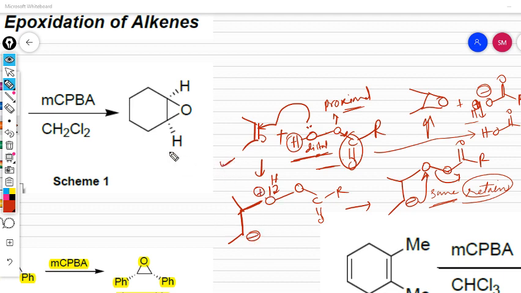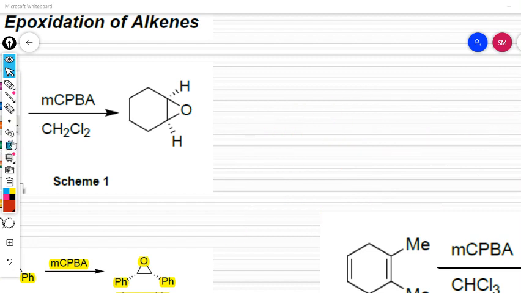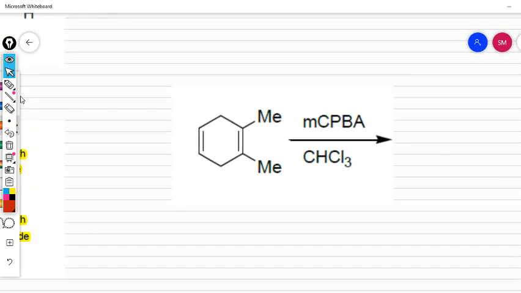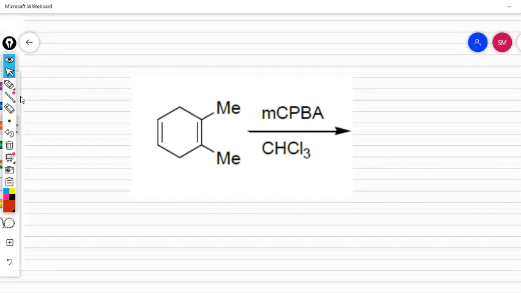Now if more than one double bond is there and their substitution is different, let's say the example is this. Generally the more substituted olefin is called the electron rich olefin.